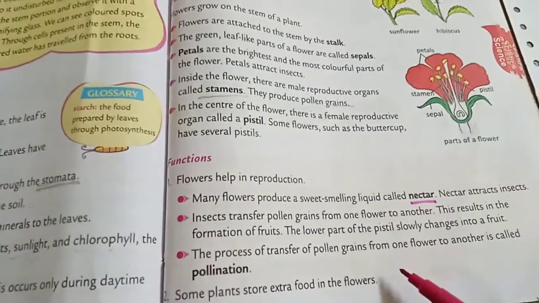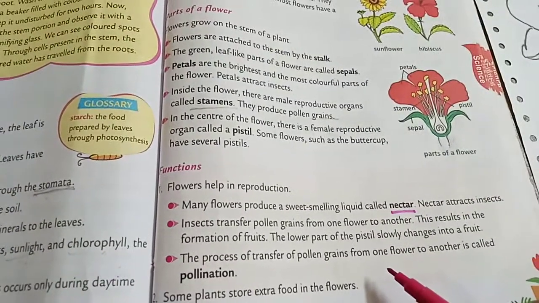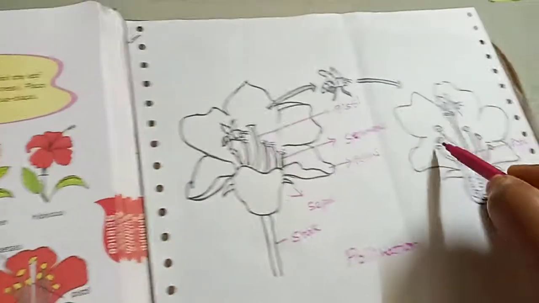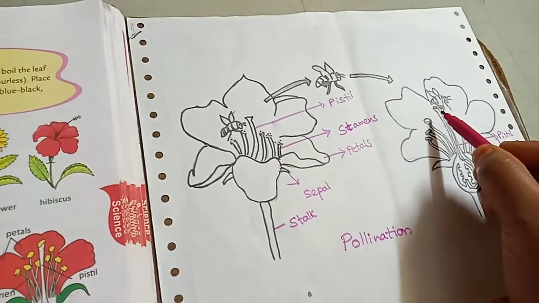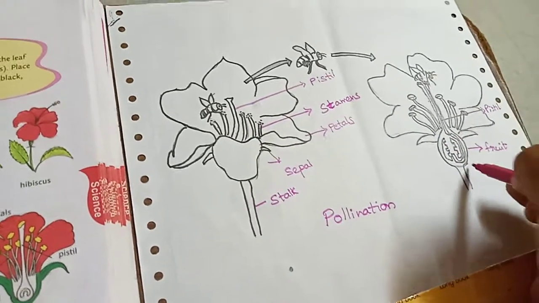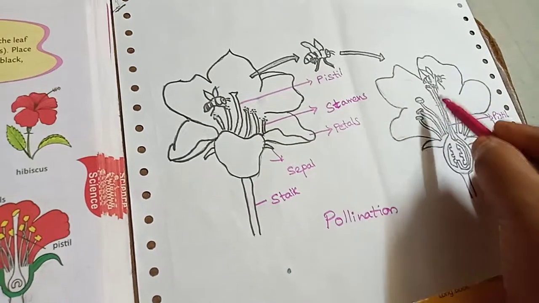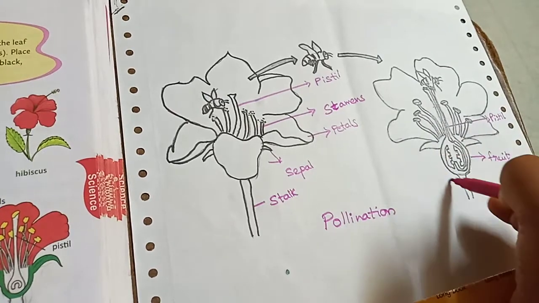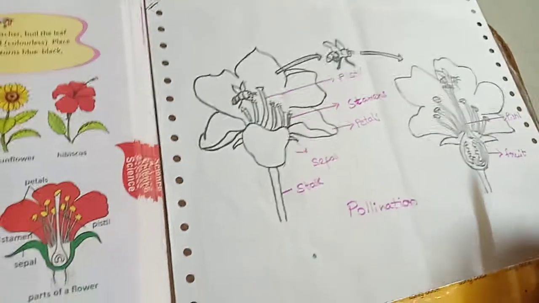In this pollination process, the inner female part, called the pistil, slowly turns into the fruit. When the pollination process is done in the flower, the pistil turns into the fruit.